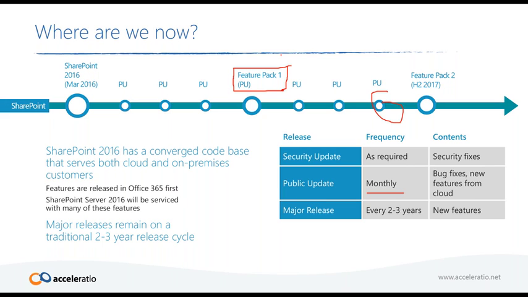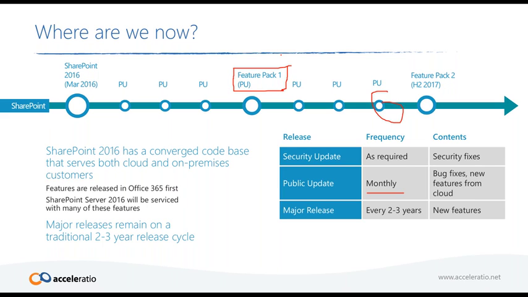Occasionally, service packs used to bring some smaller changes that would allow SharePoint to do something, or for example, to be installed on a newer version of Windows that wasn't available when the initial release was made. So there were some changes in service packs, but Feature Pack 1 for SharePoint 2016 is something completely new.